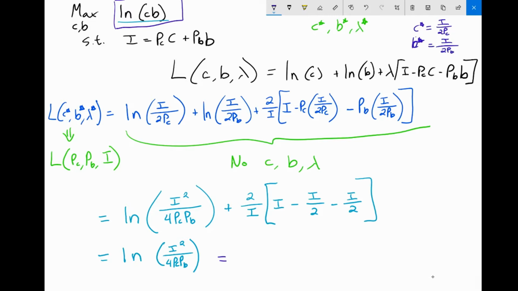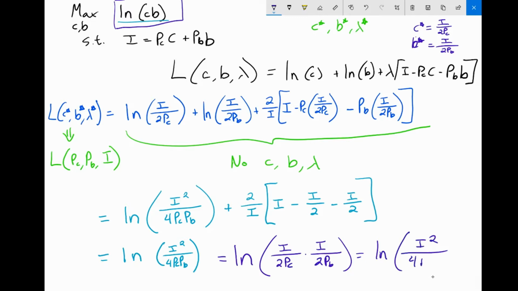If I just took these two values and I plugged them right back into the natural log, I would get 2PC times I over 2PB. You multiply that together, natural log of I squared over 4 PC PB.